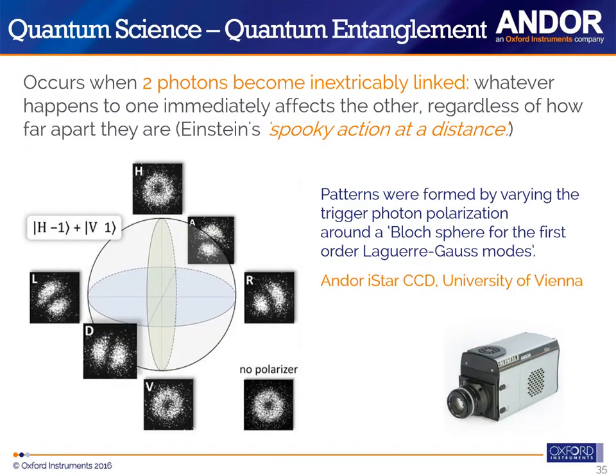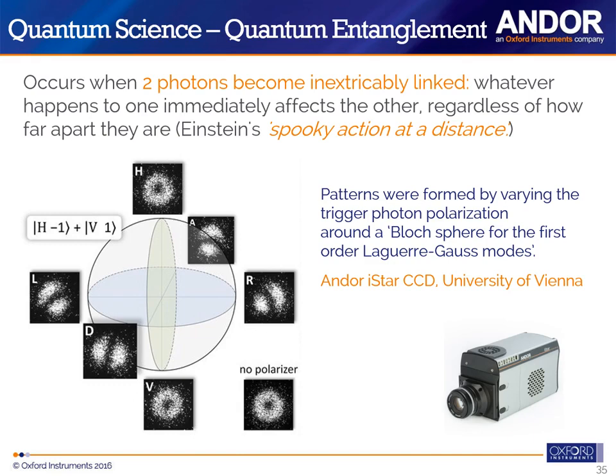Another type of science that can be done with ICCDs is quantum science, and specifically quantum entanglement. Quantum entanglement is what Einstein described as a spooky action at a distance. Basically, two photons become inextricably linked, and whatever happens to one influences the behavior of the other one, although they might be very, very far apart.